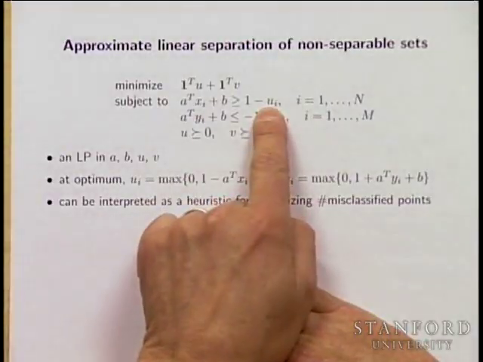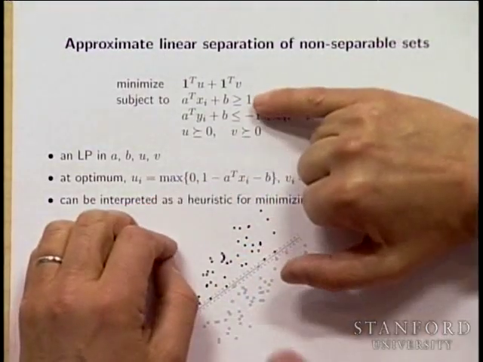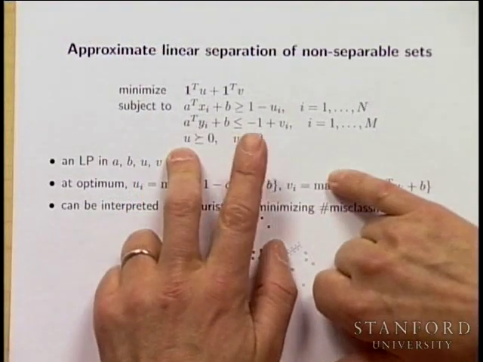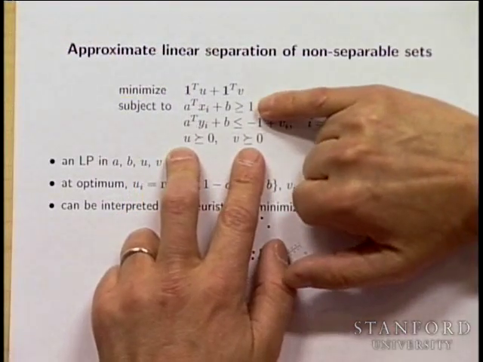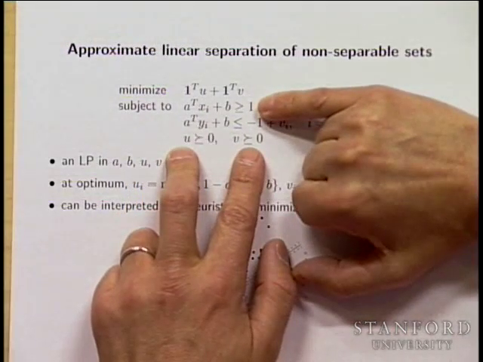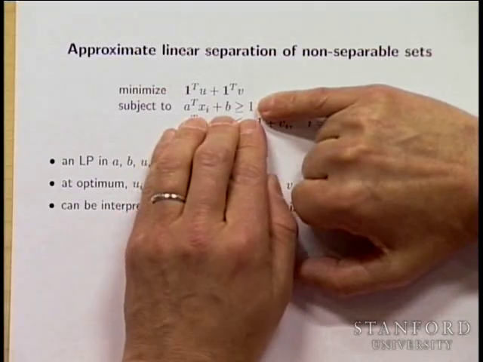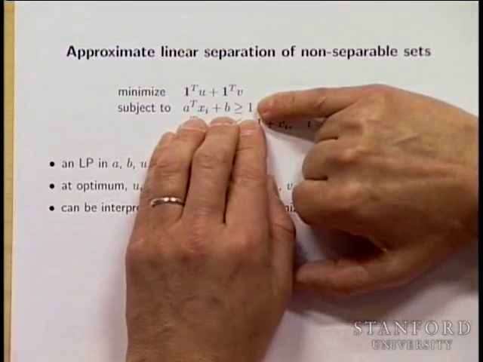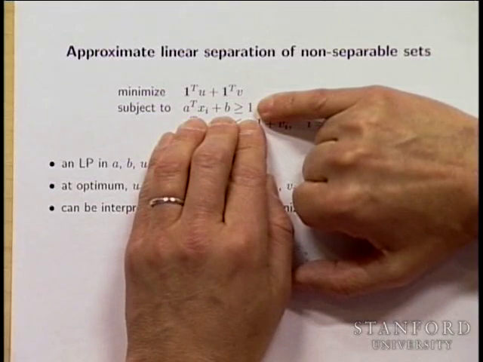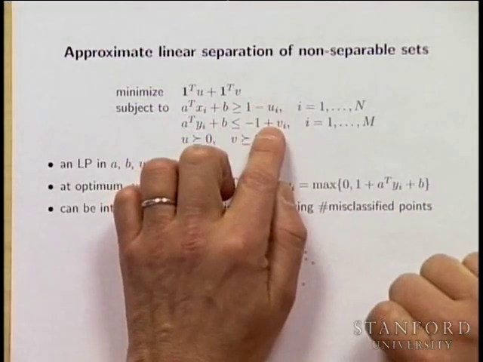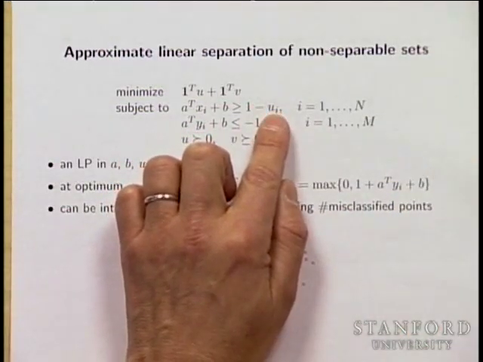So here's what you do. I'm going to put in a little fudge factor. That's u_i. Now, if u_i is 0, these are going to be positive, by the way. The u and v are non-negative. If u_i is 0, it means that inequality is satisfied. That means everything's cool. You're on the right side of the hyperplane. You're correctly classified. But I'll put in fudge factors, and they'll be non-negative.